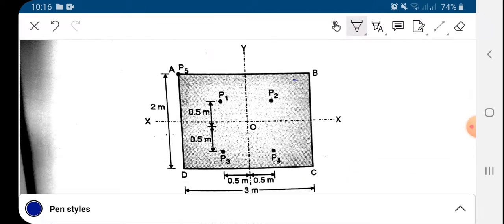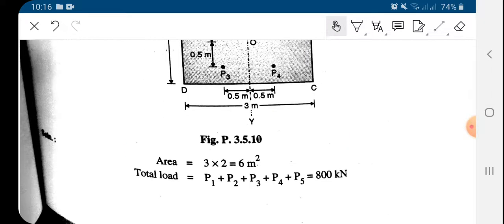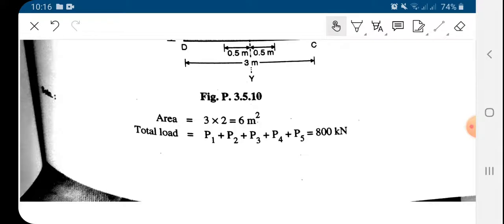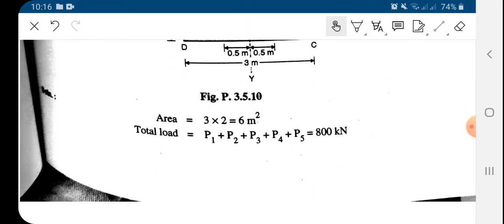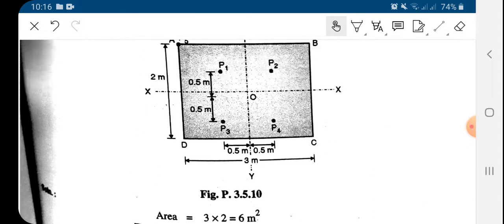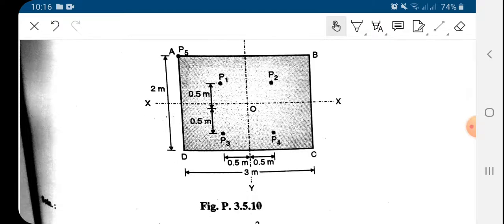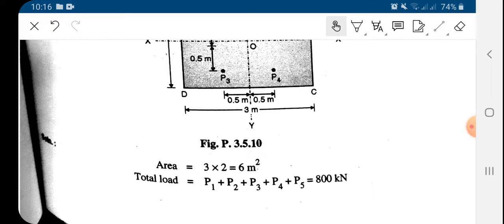Okay, so let's start. Here the total load will be: P1 is 150, P2 is 100, P3 is 200, P4 is 250 and P5 is 100. So the total load coming is 800 kilonewton, and the area of the section given to us is 3 meter by 2 meter, so the area will become 6 meter square.